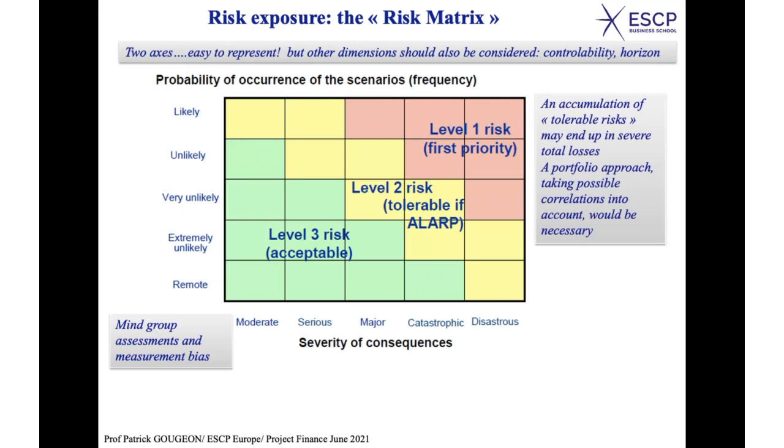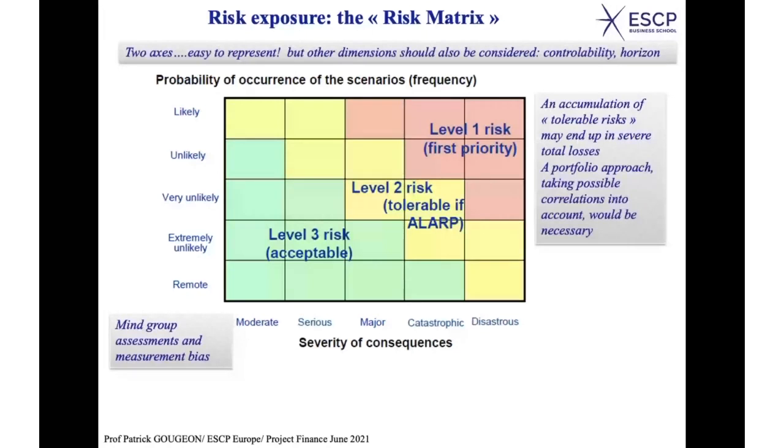Well, also one problem is that you identify all the risks as being independent. You know, you have all types of risk which are positioned in this matrix, but normally you should have a portfolio approach. You may have several risks in the green area. They might be extremely unlikely, okay, but they would have a major impact. Okay, it's green.